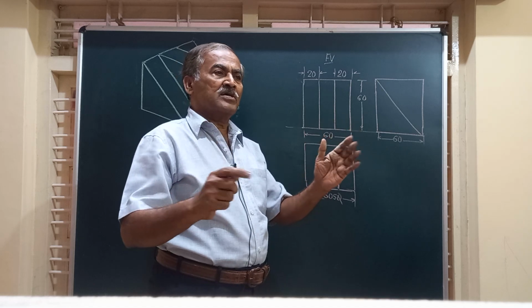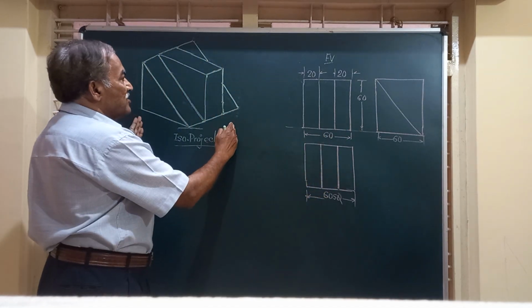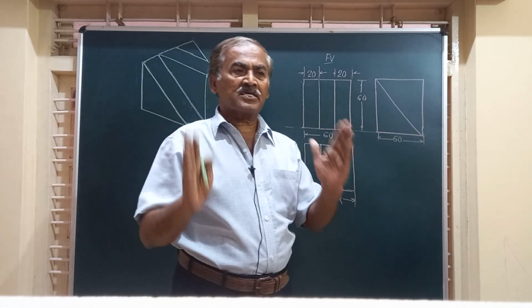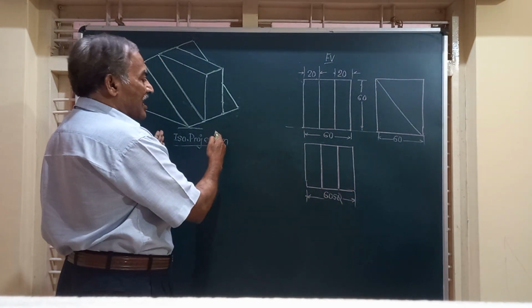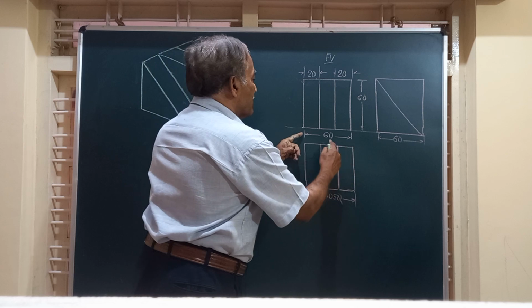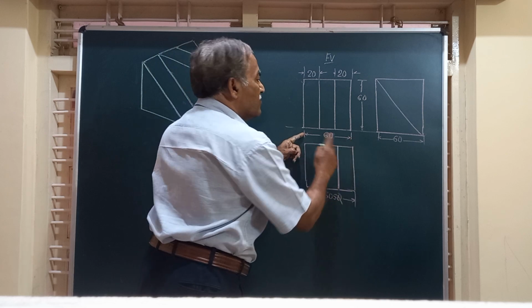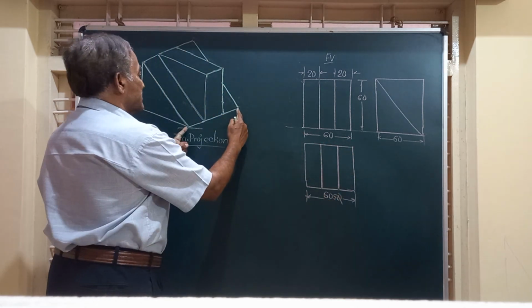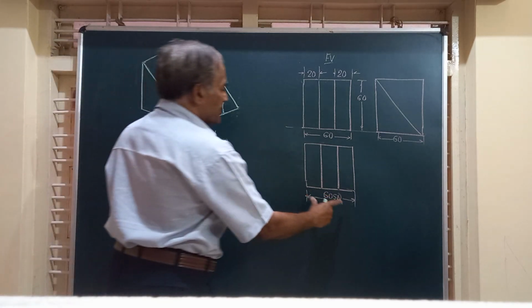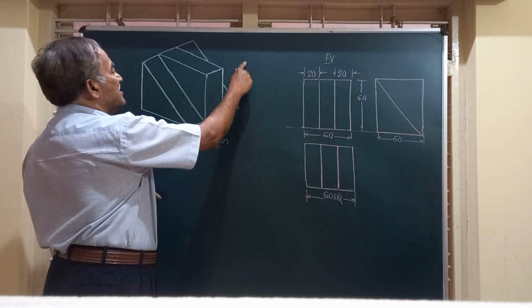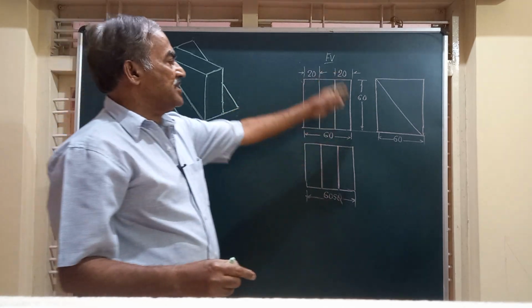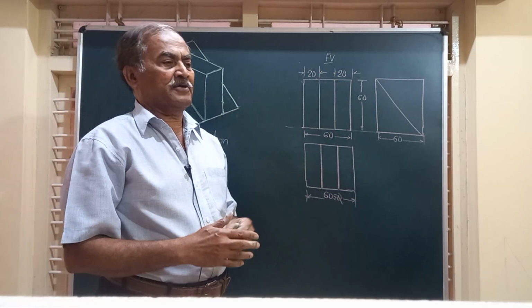And remember, this drawing is made using isometric scale, and whatever dimensions we have marked here are multiplied by, that is 60 into 0.815 is this. Similarly, this side it is 60 into 0.815, and even the height is 60 into 0.815.